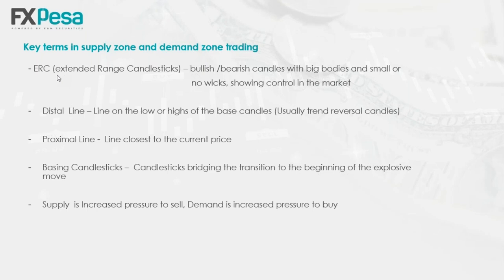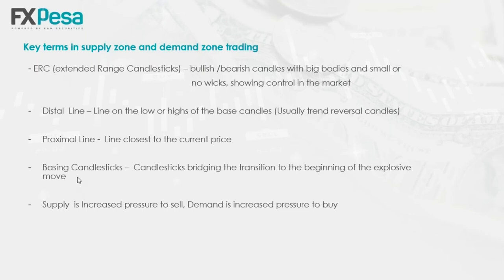So you'd have 2 or 3 basing candlesticks forming along demand zone, and basing candlesticks are candlesticks that would be formed just before the price has formed those long candlesticks that we are calling extended range candlesticks. So when you look at basing candlesticks, you try to establish the candlestick that has the highest level in terms of body, and you place your line along that level in order to mark your proximal line.